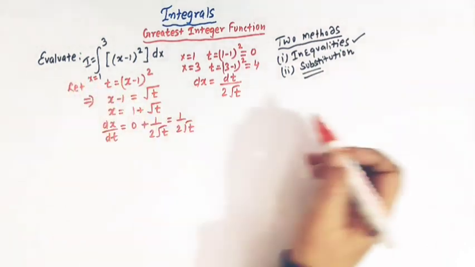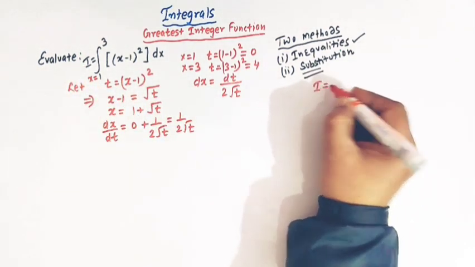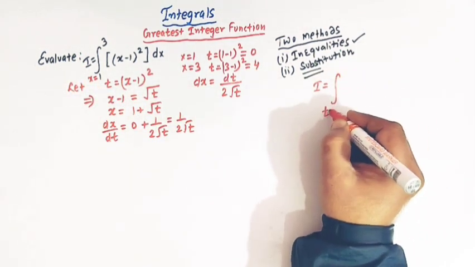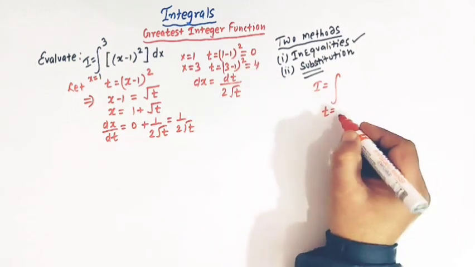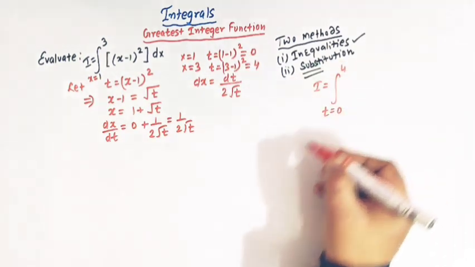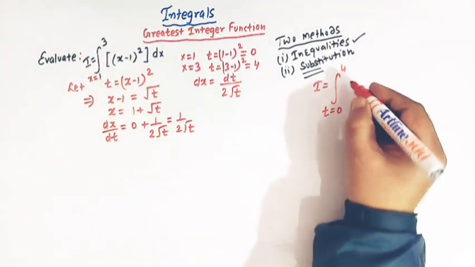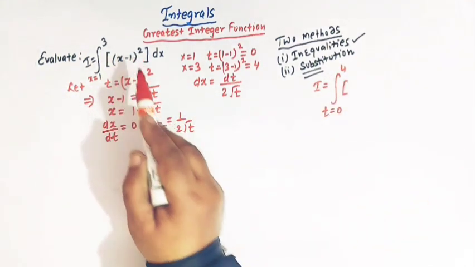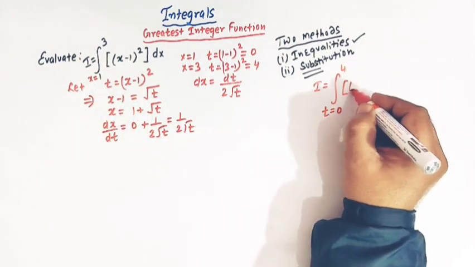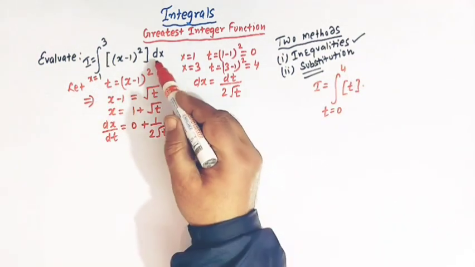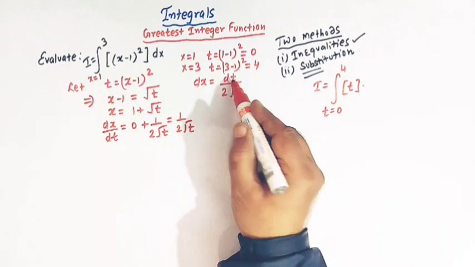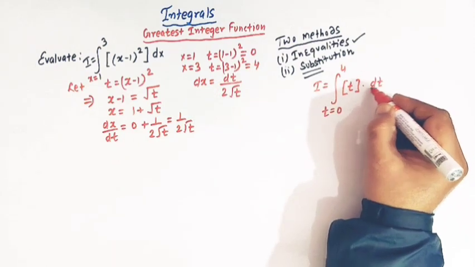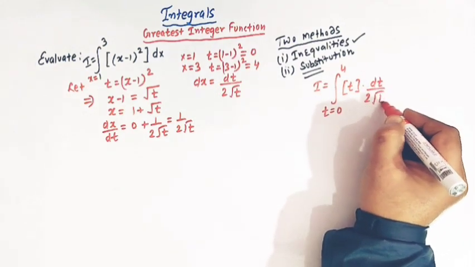Now we can write I like this: t goes from 0 to 4, the greatest integer of (x minus 1) square is simply the greatest integer of t, and for dx we write dt over 2 root t.